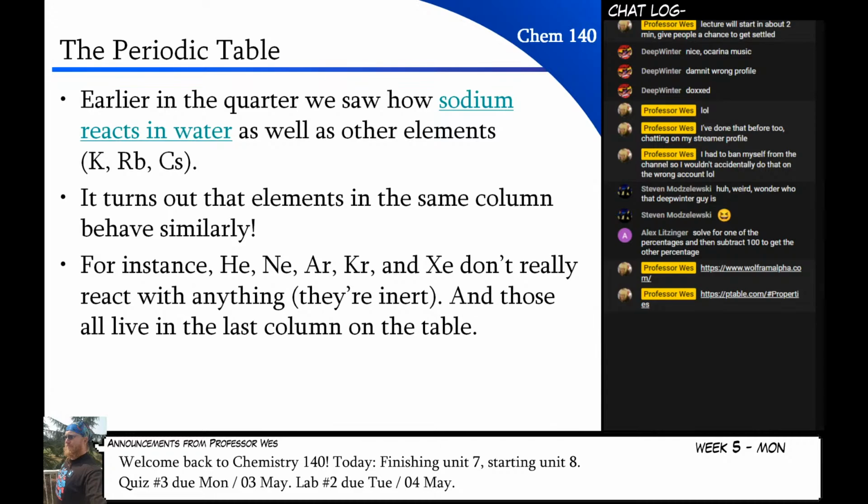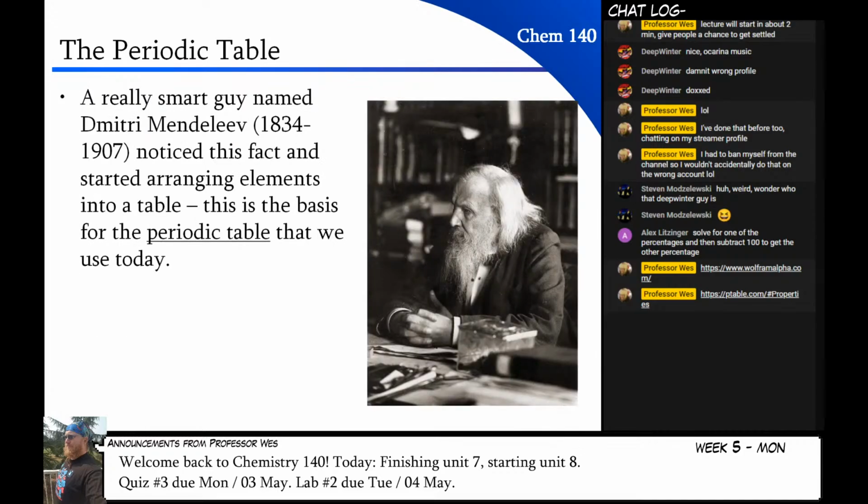It's also not coincidence that all the elements on the very far right of the periodic table, column 18, or 8A, are unreactive. Why would these things be true? It turns out it's true if we put them there. And by we, I really mean this guy. This is Dmitri Mendeleev.